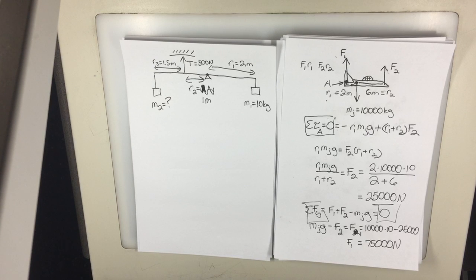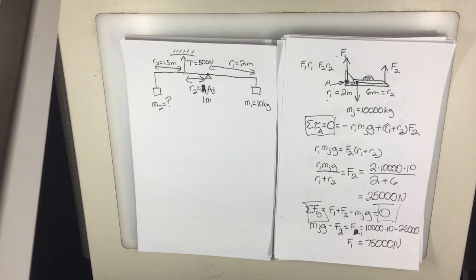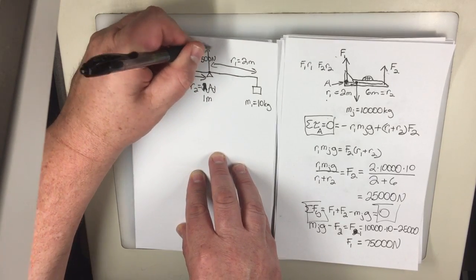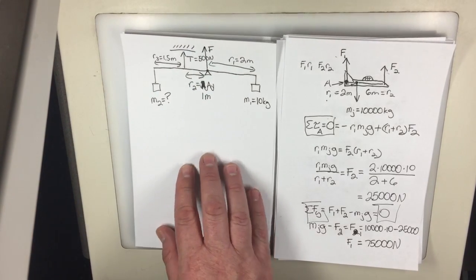R3 is 1.5. The tension in the cable is 500 newtons. So the two questions are, what is M2 and what is that force there?